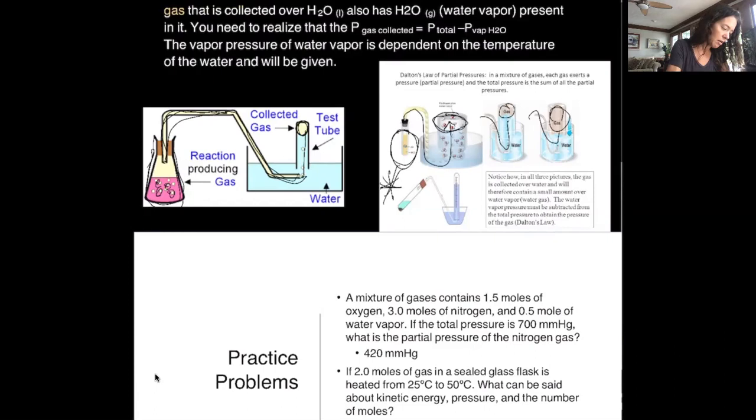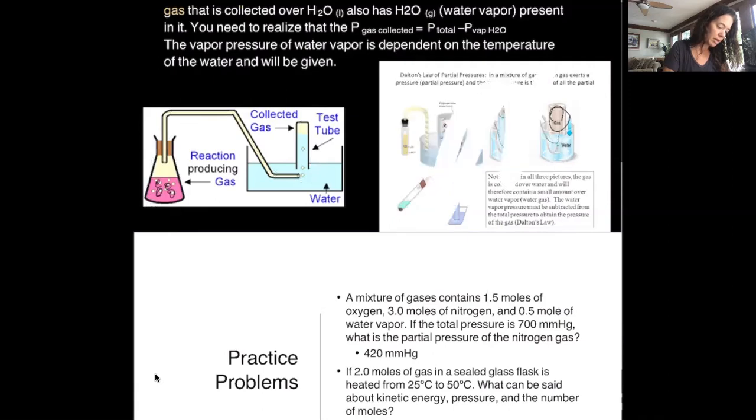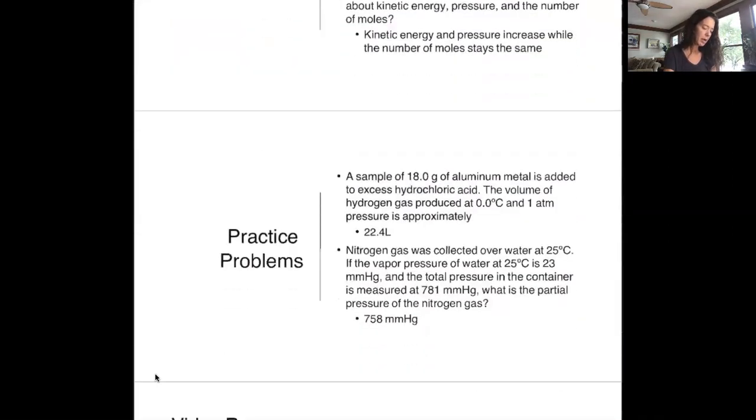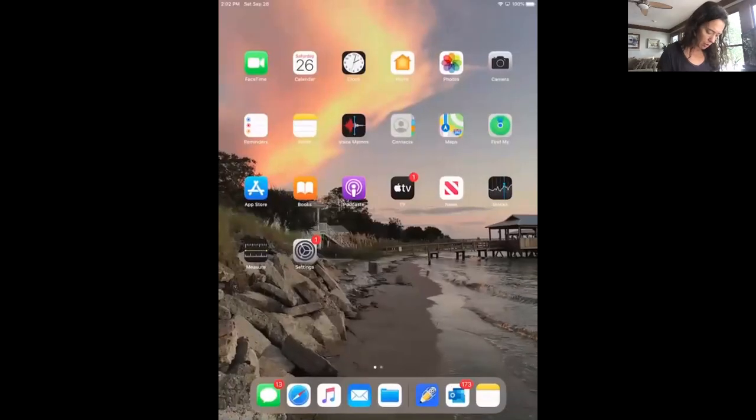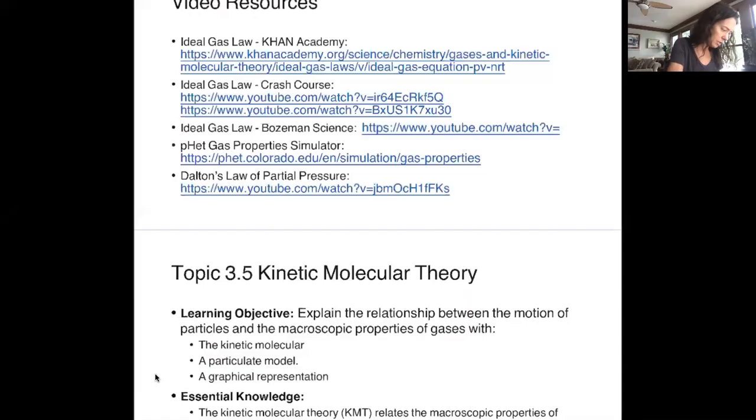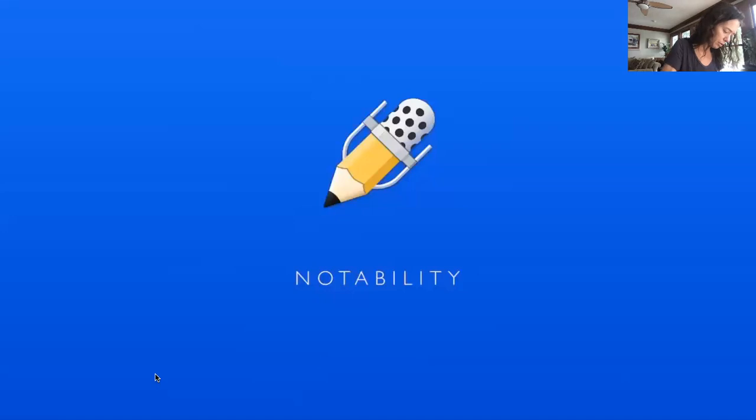So let's go ahead and I'm going to just write, kind of maybe do a practice problem. Hopefully I'll make up my own numbers and those numbers will work well. All right, so I'm going to pull up a note, put it in Unit 3 notes, and I'm going to call this collecting gas over water.